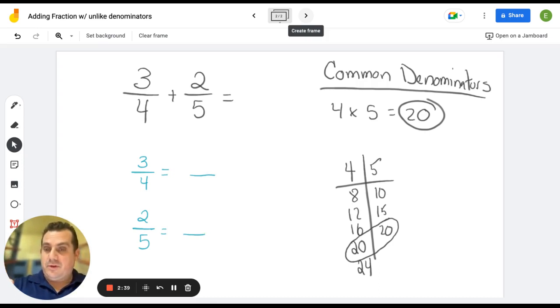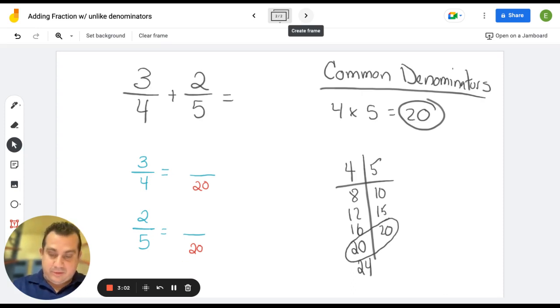So 3/4 and 2/5. I know my new denominator is going to be 20. So now I ask myself, well, how did I get from 4 to 20? And how did I get from 5 to 20?